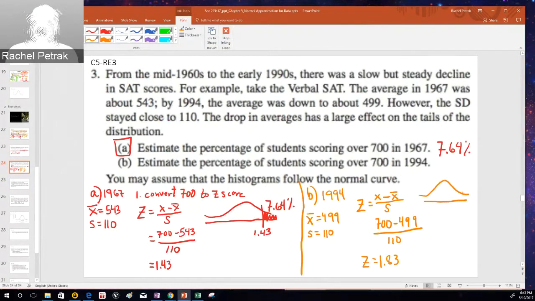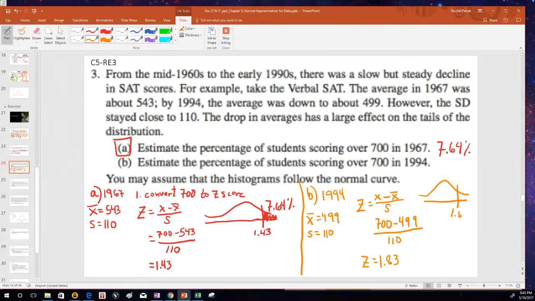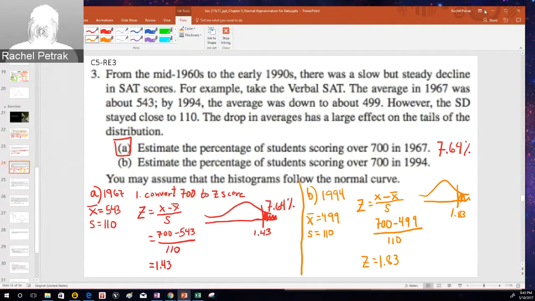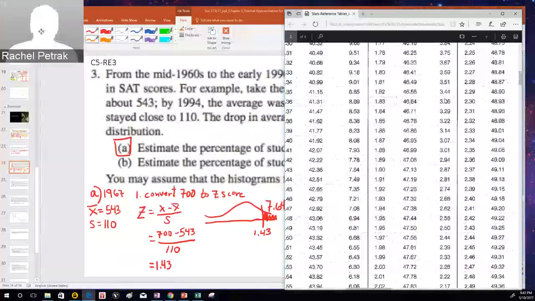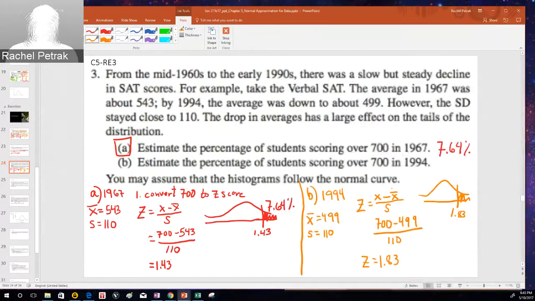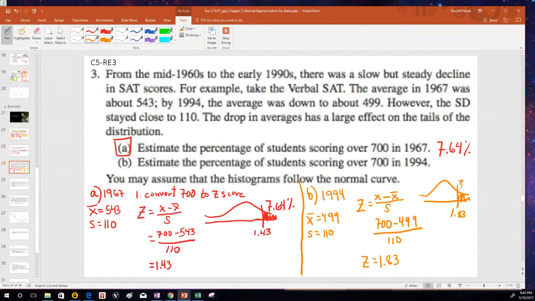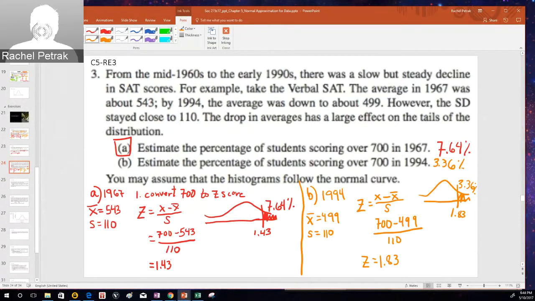Here's our curve. And look up a z-score of 1.83. Here it is, 3.36%. There you have it, folks.